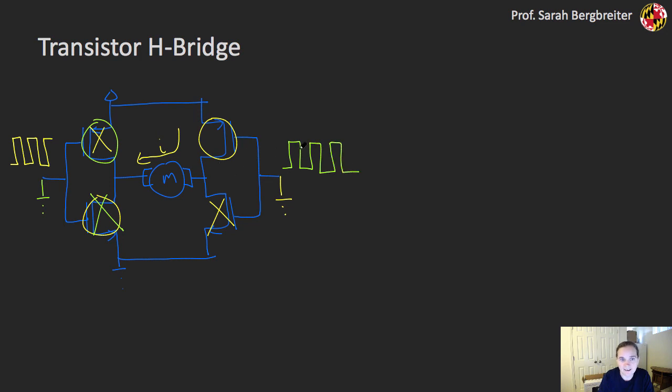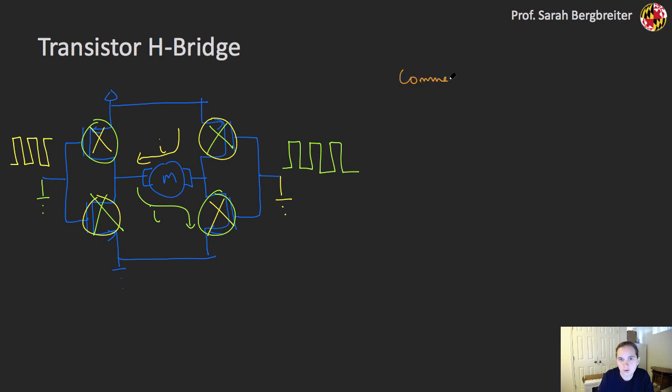And then in that case, when this is high, similar to the other case earlier, I'll have this guy turned on, this guy turned off, and for that one, I will have a current path that looks like this through the motor, and I'll be able to speed control in the reverse direction based on this PWM signal. When both are low, I have no current path through the motor once again. So this basic H-bridge topology is super useful anytime you want to be able to provide both speed and direction control for the motor. These are so useful.